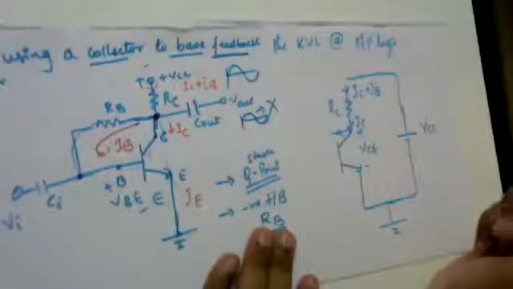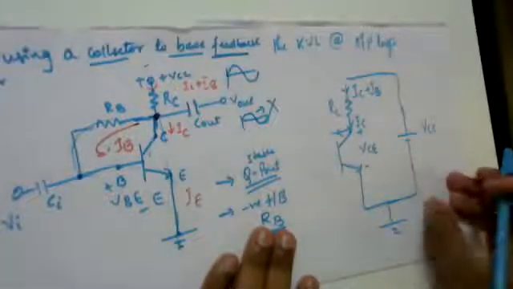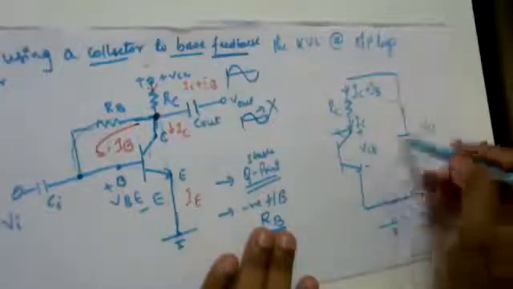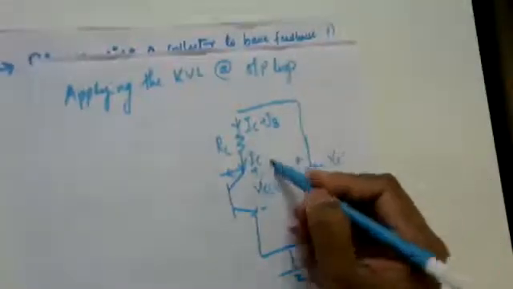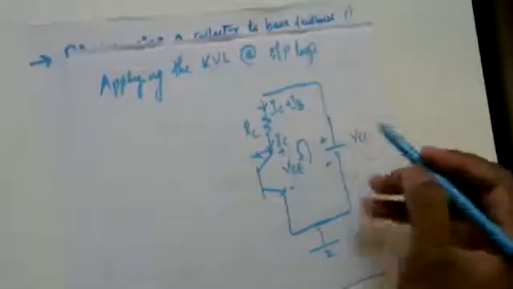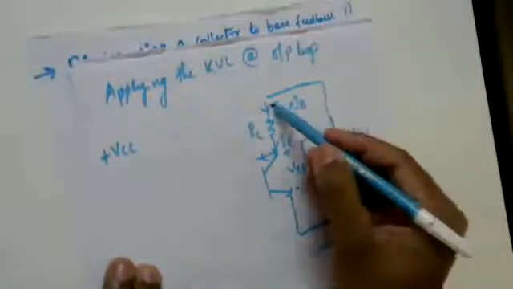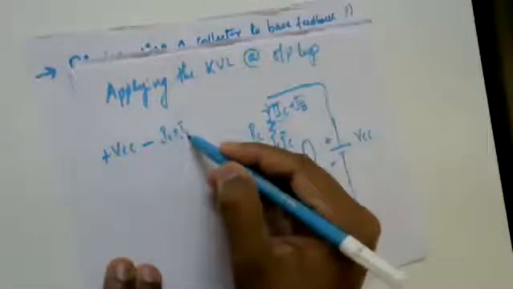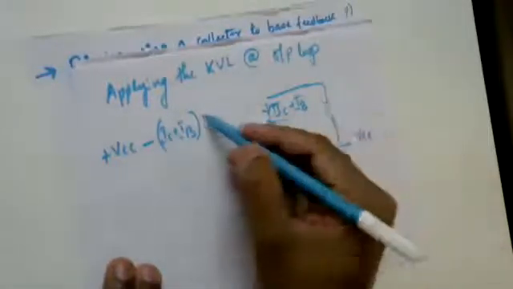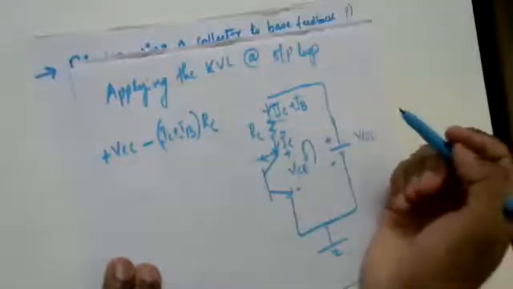Now if I apply the KVL on this particular loop, what is the equation I'll get? Starting from negative to positive, we get plus VCC, then positive to negative, the current through this resistance is IC plus IB, into RC.